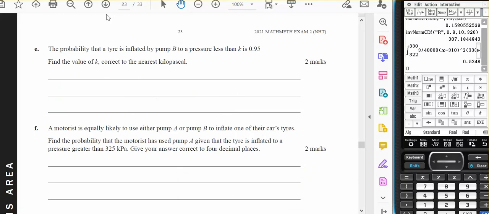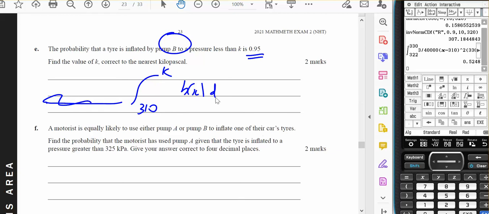Okay, so over the page, the probability that B is less than K. So I've got my distribution. So K down to 310 of b of x dx equals 0.95. Solve for K. So I'm going to put that down to 310, and make the upper limit y. That gives me an expression.